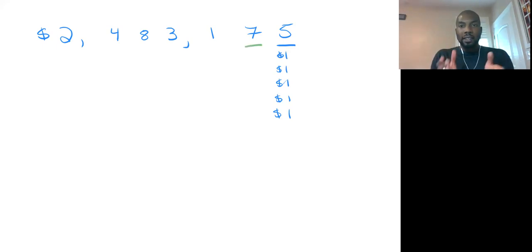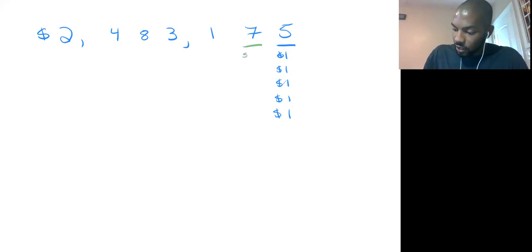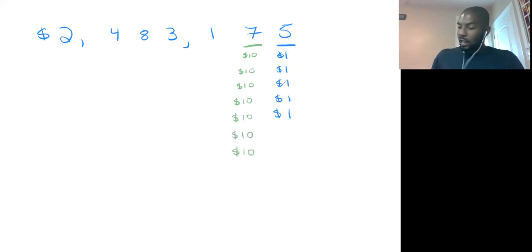So I have 7 in the tens place. That gives me 7 $10 bills. So there's 1 $10, 2, 3, 4, 5, 6, 7. There are your 7 $10 bills.